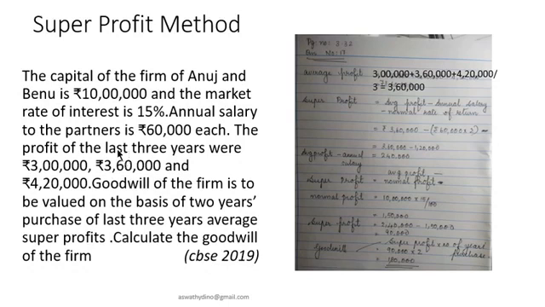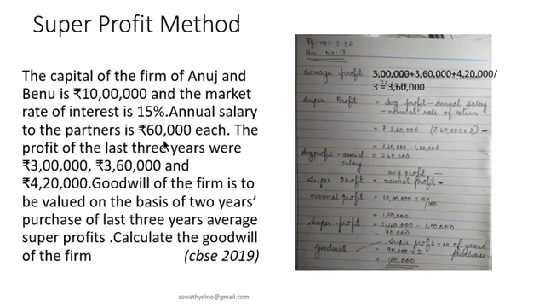First we need to find out the average profit. The 3 years' profit is given in the question: 3 lakh plus 3,60,000 plus 4,20,000 divided by 3. Average profit is 3,60,000. Now super profit is equal to average profit minus annual salary, which is also given in the question.